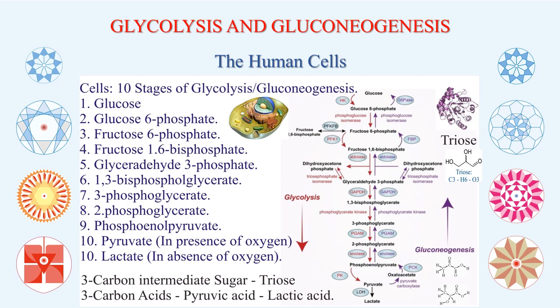In the absence of oxygen, anaerobic, it is lactate. As you can see, triose is a 3 carbon intermediate sugar, where 3 carbon acids are pyruvic acid and lactic acid.